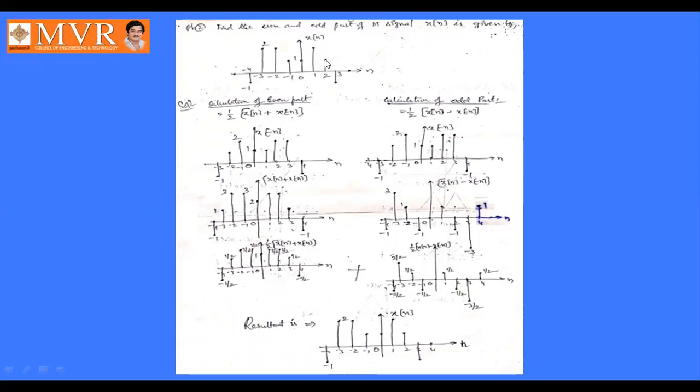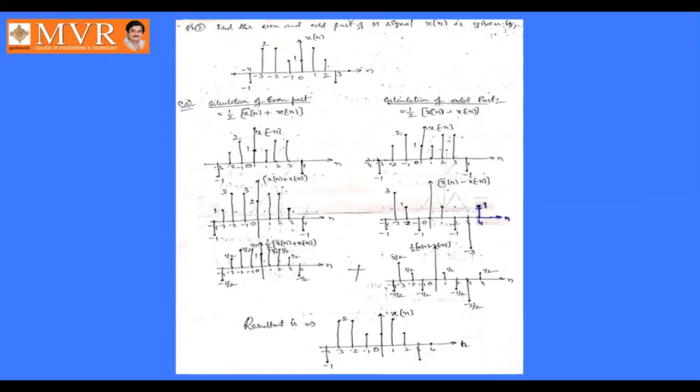This is about the calculation of even and odd parts of our discrete time signal x of n.